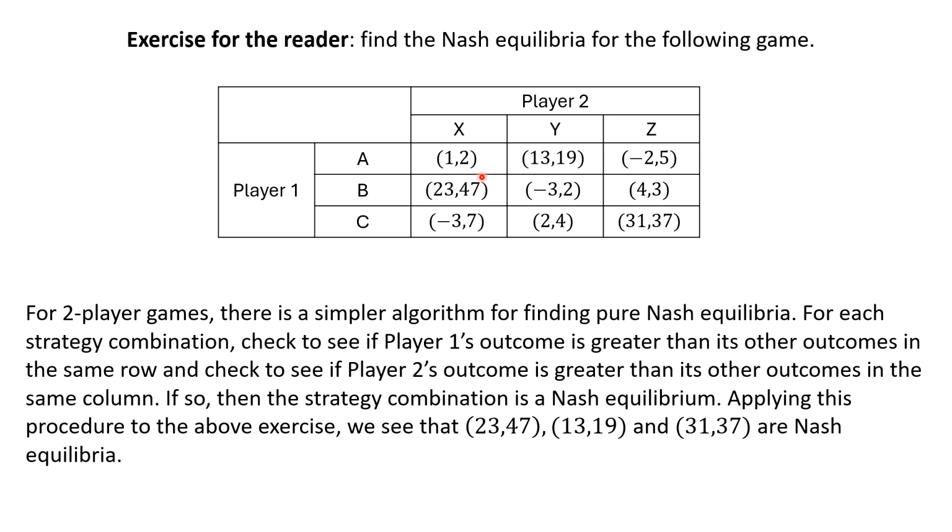And we also see 47 is bigger than 2 and 7. So given this algorithm, this 2347 would be a Nash equilibrium for this game. I'll leave it for you to check, but the 1319 and 3137 are also Nash equilibria for this game. So we have 3 in this case.